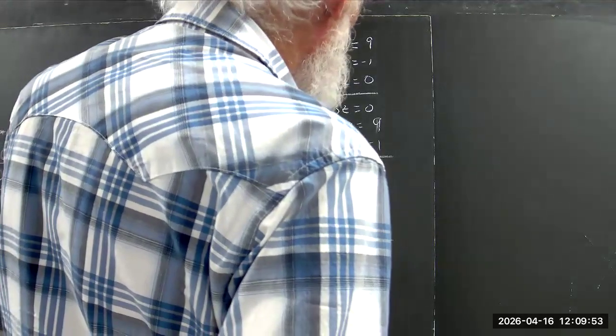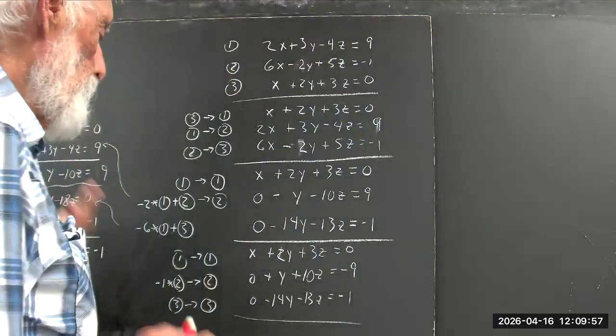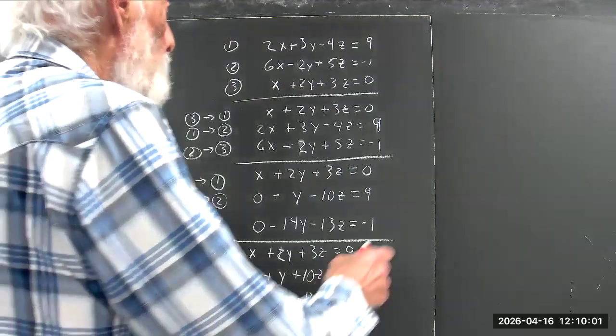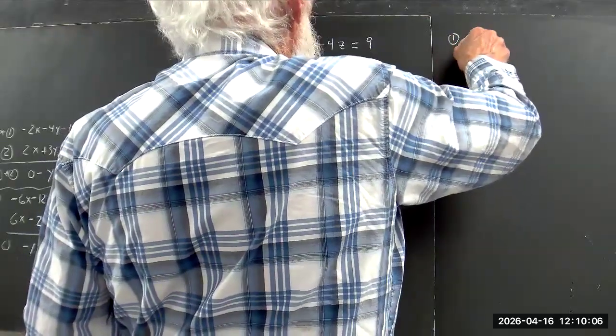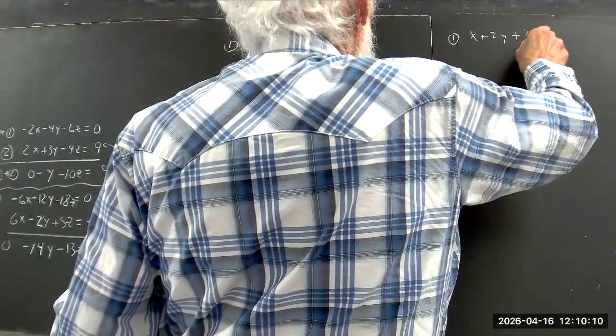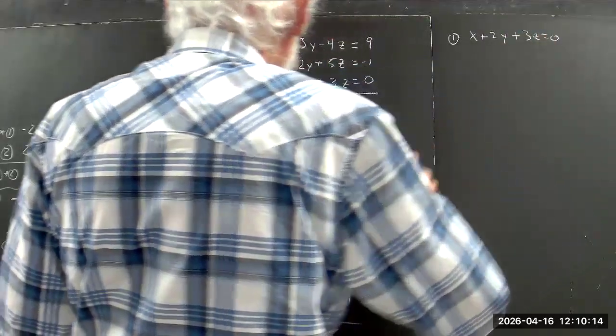Okay. Now I've got this system here, which I'm going to continue over here. The next thing I'm going to do is keep my equation 1. That's x plus 2y plus 3z equals 0.